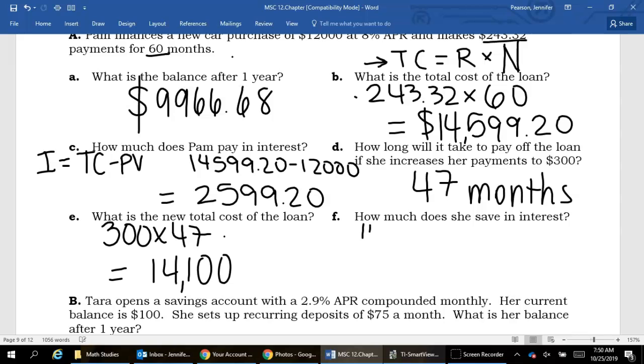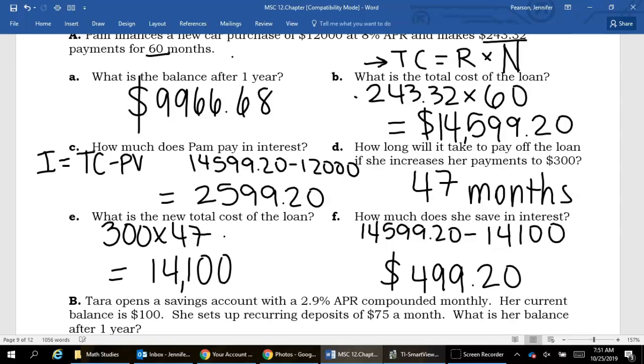So that's my answer from part B minus my answer from part E. And that becomes $499.20. So I can save almost $500 by paying a little more every single month. I still pay back the $12,000 obviously, but now my fee going to the bank is $500 less than it was originally.